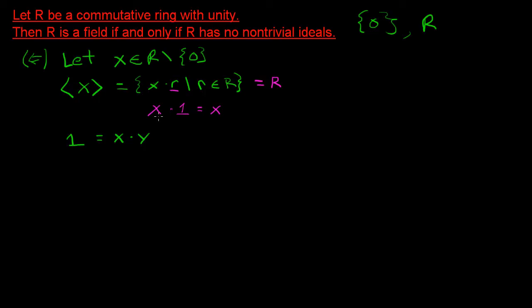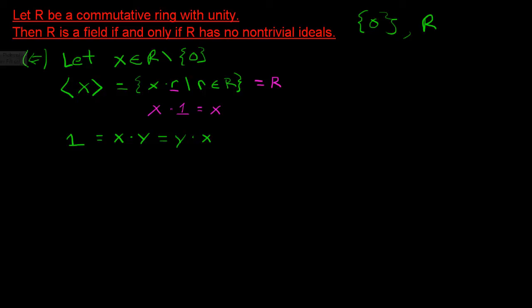And also, since this is a commutative ring, we could also write this as y times x, which is the definition of a multiplicative inverse. We have something times x gives us 1. So y would be the multiplicative inverse of x, and x would be a unit. And then since it's a unit, it can't be a zero divisor. And also, since x is arbitrary, that means that every non-zero element of our ring is a unit, or has a multiplicative inverse. And that makes R a field.